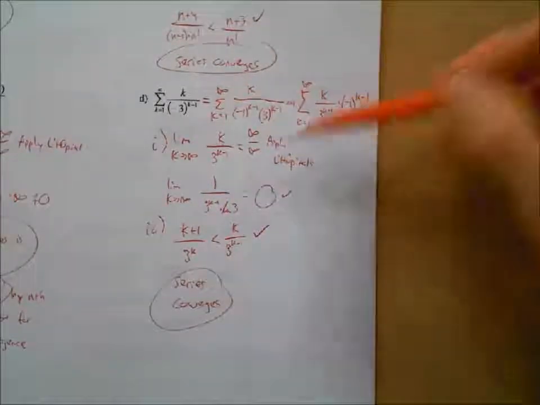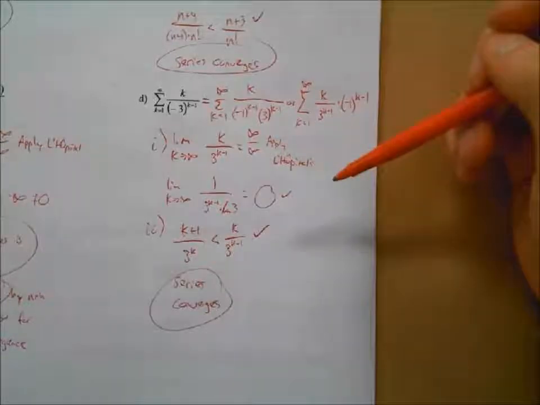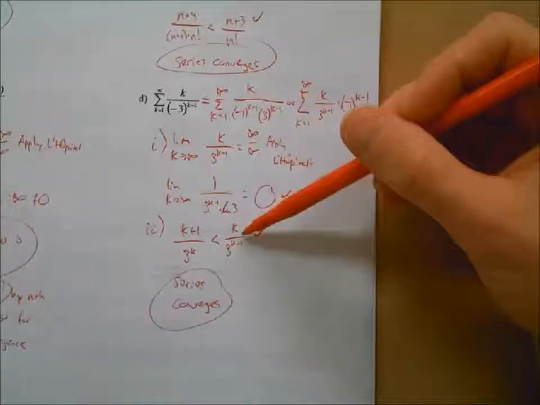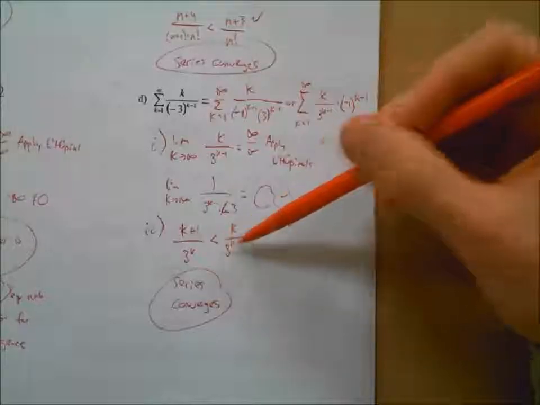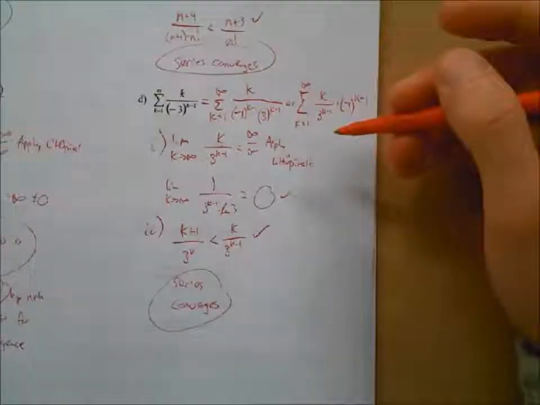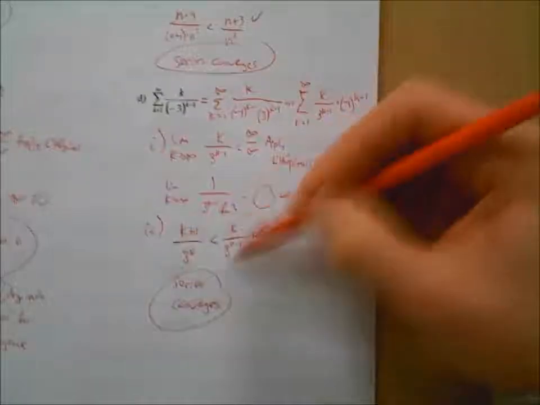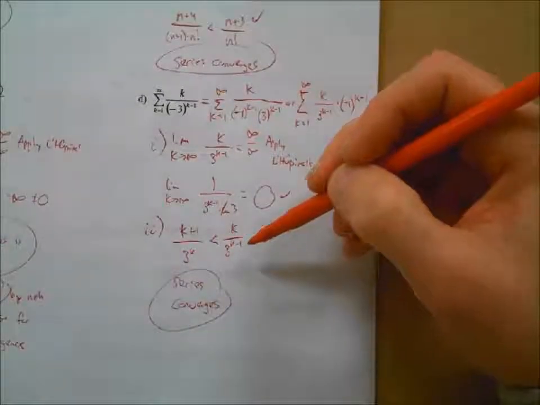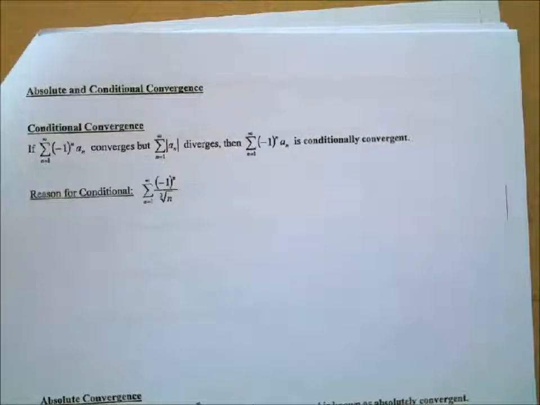And so the plus 1 and minus 1 just become 3 to the k. You see that, okay? And then the previous term would just be k over 3 to the k minus 1. Good on that now? Okay, yeah. And you're okay with the fact that the next term is less than the previous term? Yeah. Okay. All right. Let's move on then, because we still have quite a bit to cover.